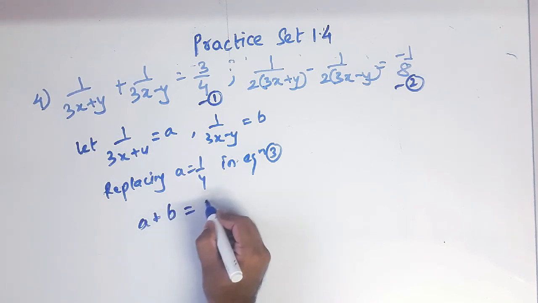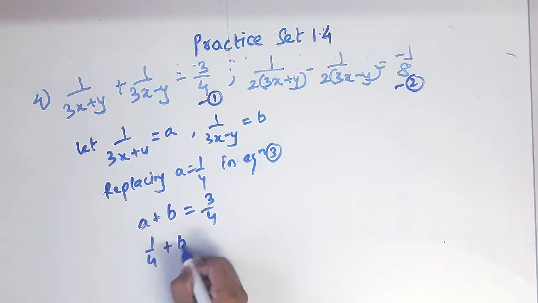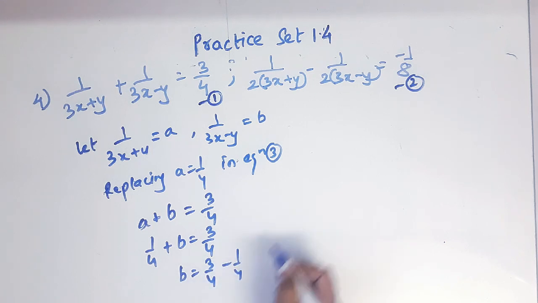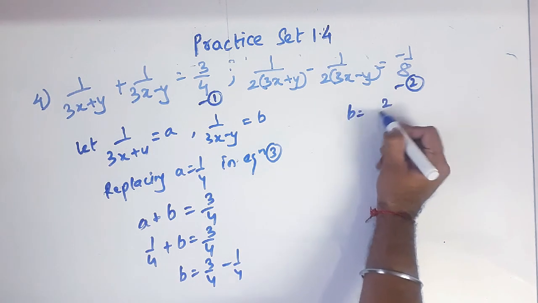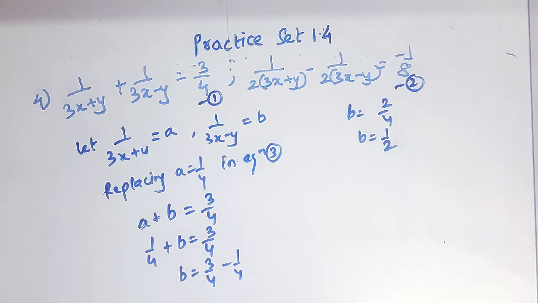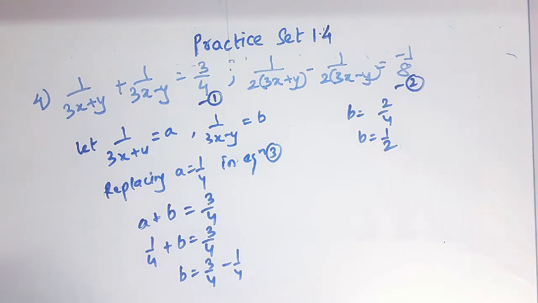Equation 3 is a plus b equals to 3 upon 4. So I'll write here 1 upon 4 plus b equals to 3 upon 4. Okay, now b is equal to 3 upon 4 minus 1 upon 4. So b becomes 2 upon 4. So what is the value of b? Half. Okay, so we got a is 1 upon 4, b is half.